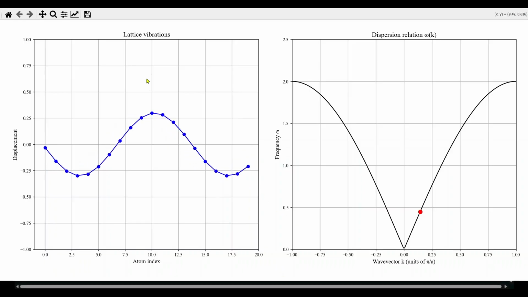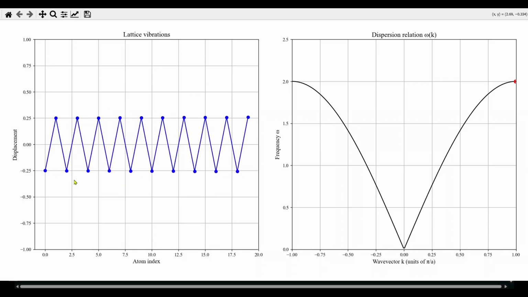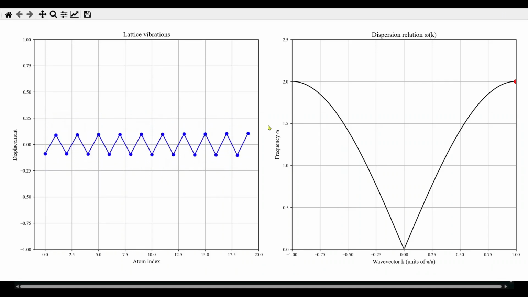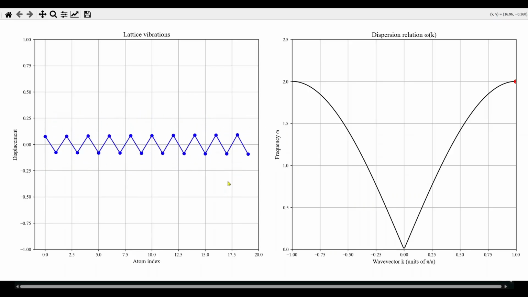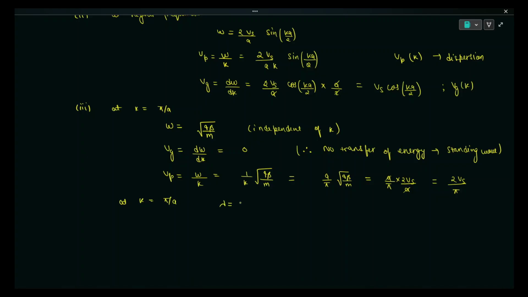So let's see the lattice vibrations at the zone boundary. Here you can see the lattice vibrations form a standing wave, so they do not propagate any energy through the lattice. Now if you notice that at the zone boundary at k equal to pi by a, your lambda will be equal to 2a, right?